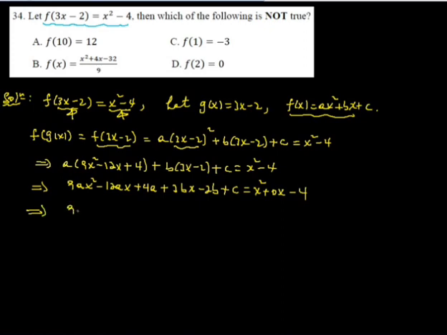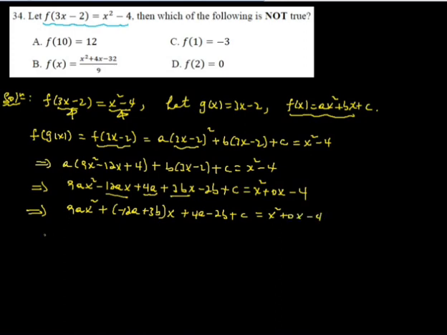So this can be written as 9ax squared plus minus 12a plus 3b by collecting like terms. These are like terms containing x, plus the rest are constants. 4a minus 2b plus c is the same as x squared plus 0x minus 4.